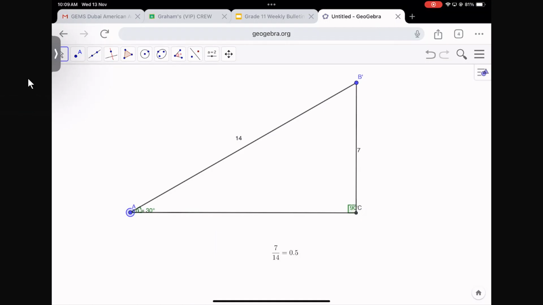So we have a function that will tell you the proportionality between the opposite and the hypotenuse given the size of that angle. When the angle is 30, the proportionality is a half. When the angle is a different value, the value will change.